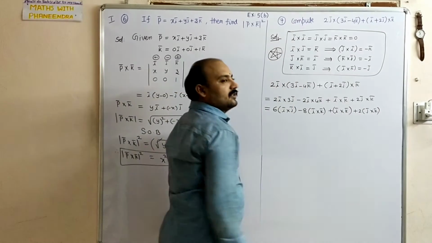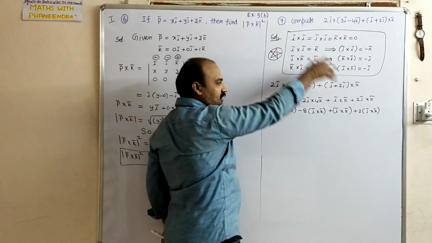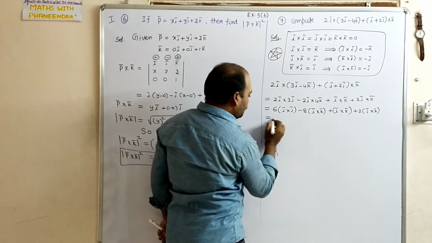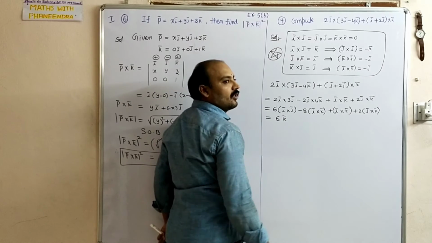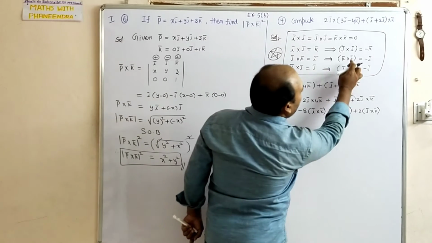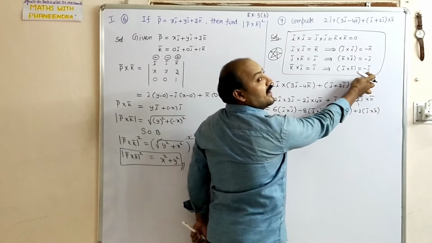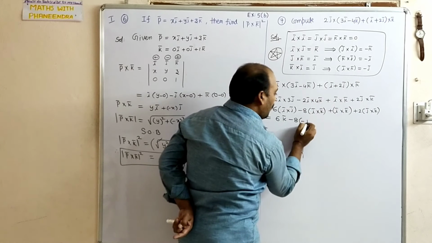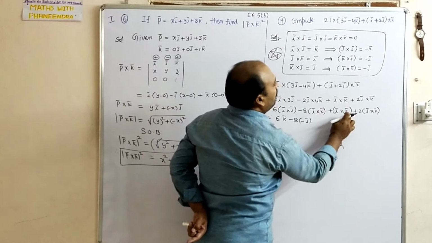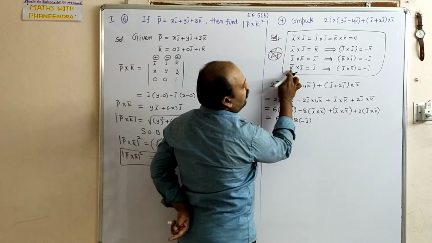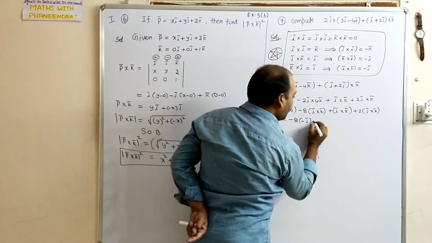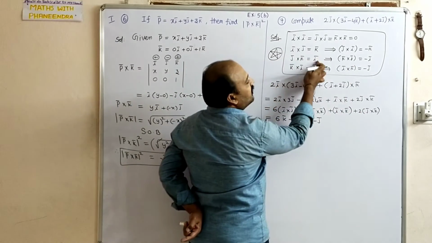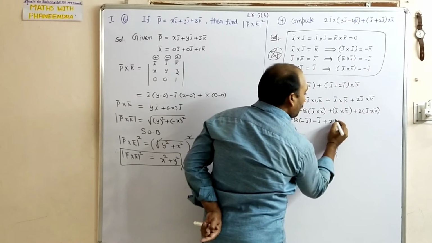Order cannot be changed. Now from this information, i bar cross j bar is what? k bar. So 6 into k bar. Then i bar cross k bar; see here, i bar cross k bar means minus j bar. It is in the order. So minus 8 into minus j bar. Again i bar cross k bar is minus j bar. j bar cross k bar is i bar, plus 2 into i bar.